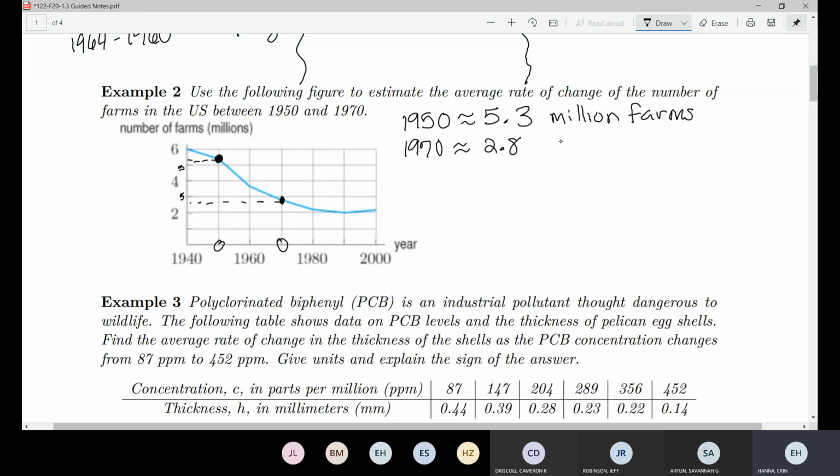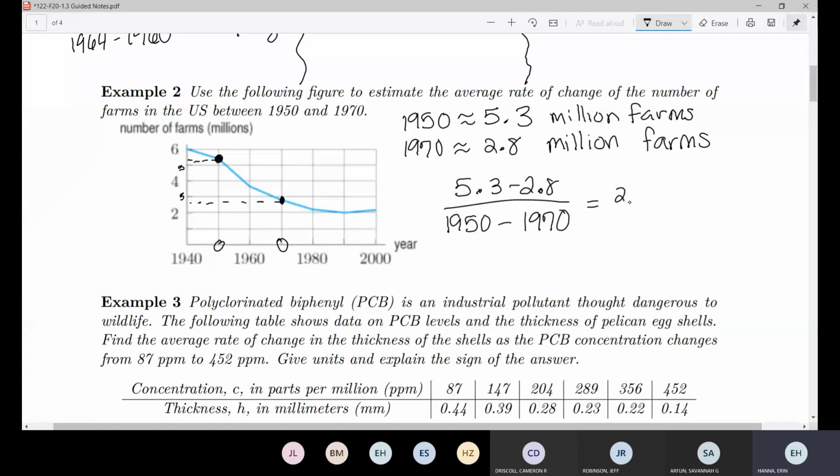So now my notes are not going to be right because I chose something differently than my notes. But now that I have the y values that I needed, I just find the slope between those 2 points. So I have 5.3 minus 2.8 over, so 5.3 was in 1950, so 1950 minus 1970. 5.3 minus 2.8 is 2.5.